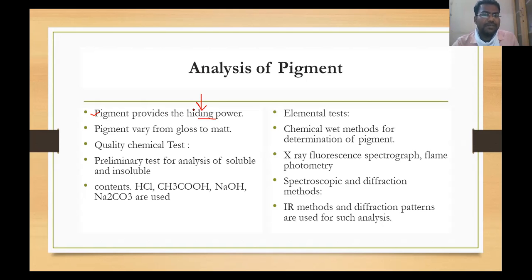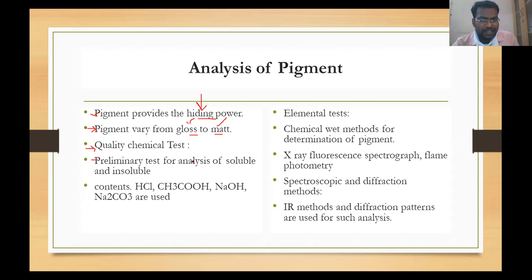So basically this pigment is having the hiding power. These pigments vary from gloss to the matte. ठीक है, ग्लॉसी नेचर भी वहाँ पे होता है, मैटी नेचर भी होता है. ठीक है, for that the quality chemical tests are there.